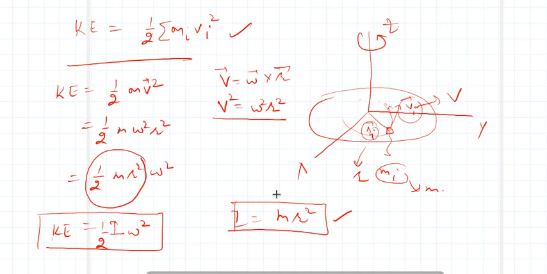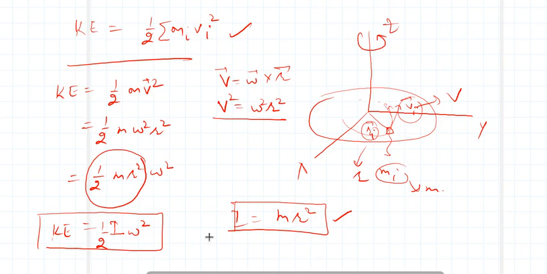Later on I will talk about different objects. We will try to find out the moment of inertia, but for that we will get different types of expressions. Somewhere we will get 1 by 2 or 1 by 4, but I will talk about that later on. It's the simplest definition of moment of inertia.